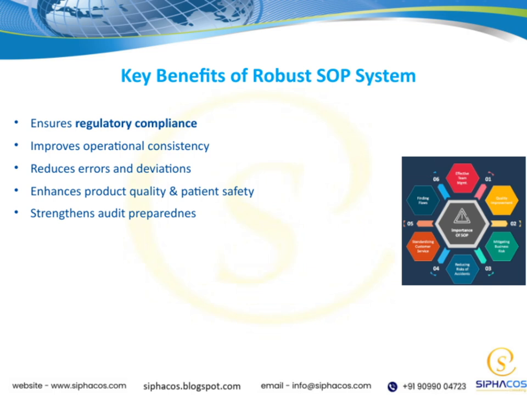By adhering to proven processes, we ensure that our products meet high standards, ultimately protecting those who rely on them. Finally, it strengthens audit preparedness. Having comprehensive, up-to-date SOPs means we're always ready for inspections, demonstrating our commitment to quality and compliance. Overall, these benefits tie directly into our goal of creating a safer, more efficient, and fully compliant operation.